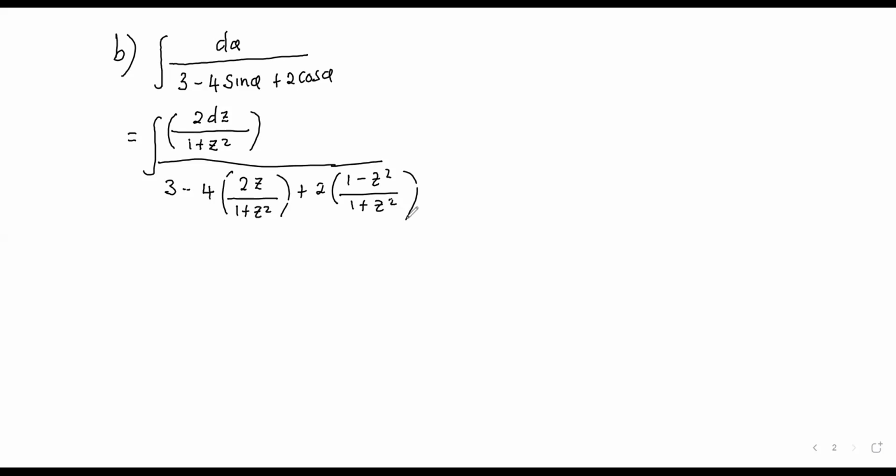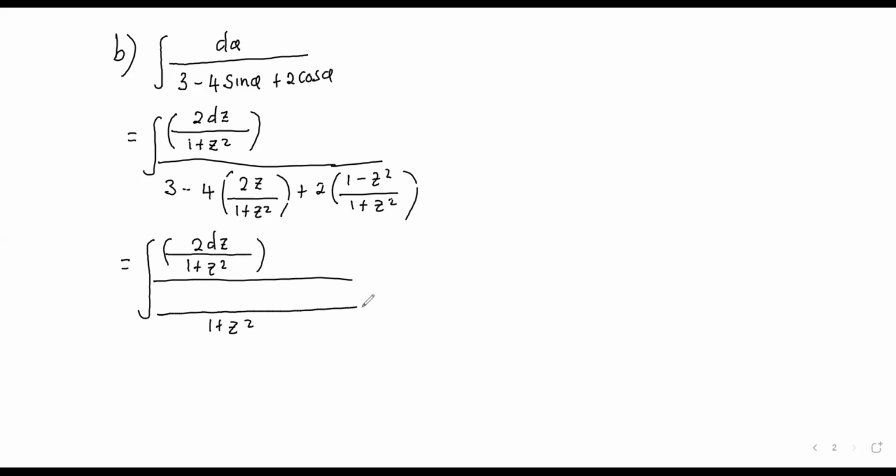So we work this out. We have the integral of 2 dz over 1 plus z squared, over 1 plus z squared down, and then we have 3. I'll be expanding here, so it will be 3 plus 3z squared.